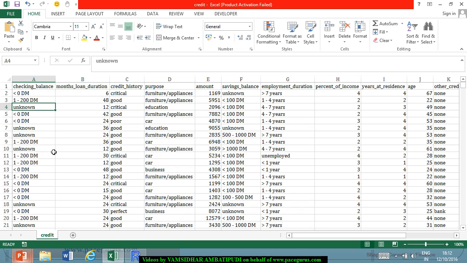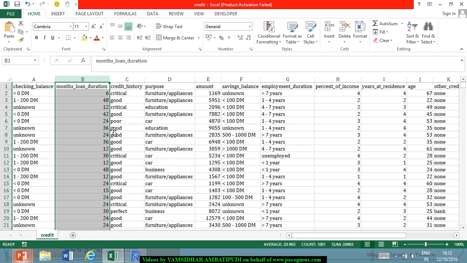Similarly, the month loan duration: how long back the loan was taken, 6 months, 48 months, 12 months, 42 months, and so on.